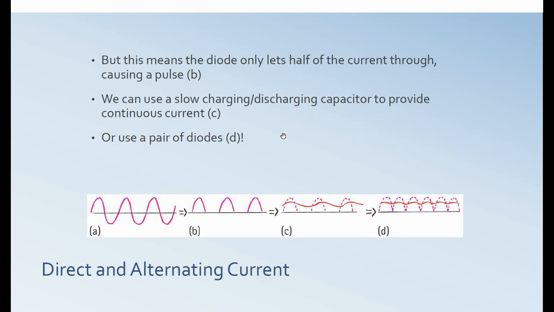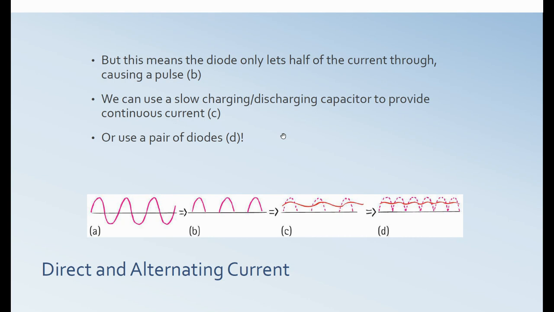So we can see here in A, here's our alternating current coming in. If we use a diode, we only have it moving one way. But now we've only let half the current through if we're changing from alternating to direct, and that causes a pulse like we see in B. Of course, our battery would prefer to charge with a nice steady current. So there are two ways we can do that.